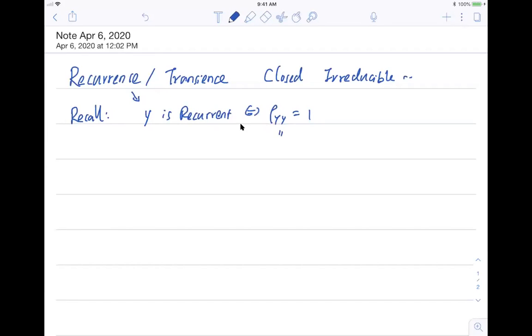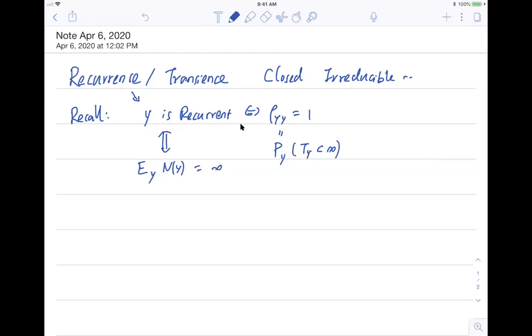So rho_yy is, you're starting from y and you return to y in finite time, right? This is recurrent. And we have a characterization of y being recurrent, which is this. So we're starting from y and we compute the average, or the mean time, of returns to y, right? So if this is infinite.